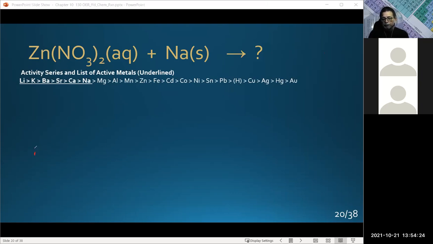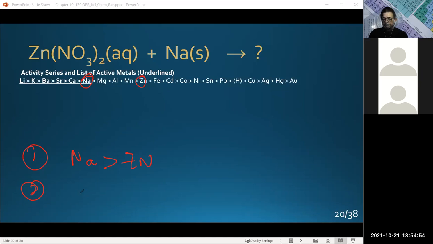So step number 1, we identify zinc on the activity series, and there's zinc, and there is sodium, okay? And so we determine the most reactive metal here is sodium. Sodium is more reactive than zinc, okay? So second question, is the most reactive metal in ionic form?